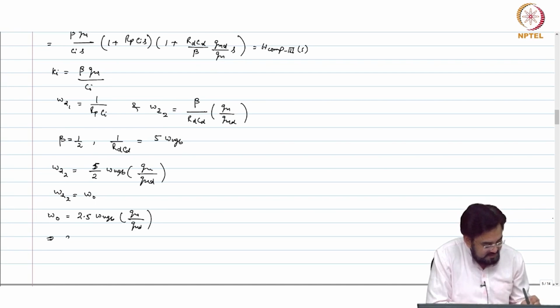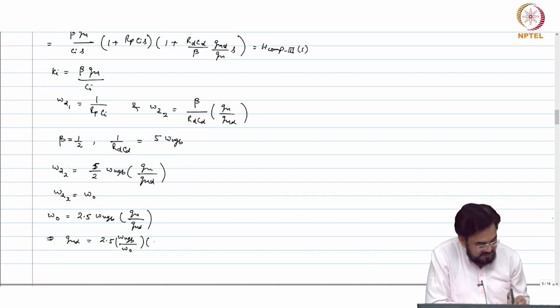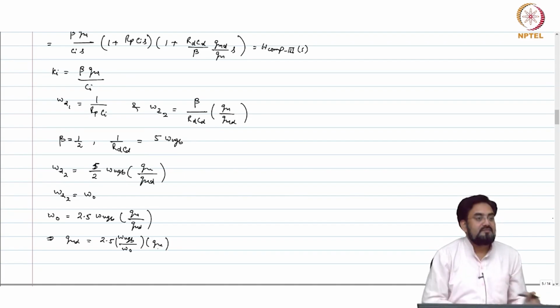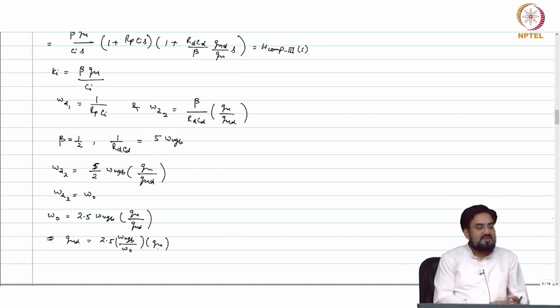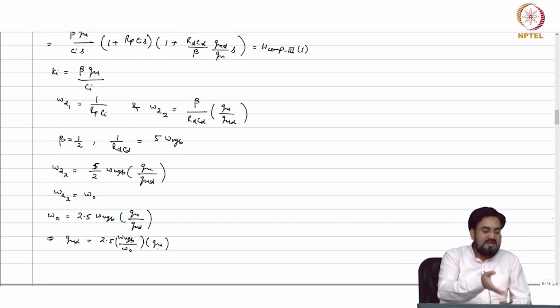This implies GMD equal to 2.5 times omega UGB over omega naught multiplied by Gm. Okay. So once you choose the Gm, this GMD is going to be high because omega UGB is, we know, at higher frequency than omega naught.